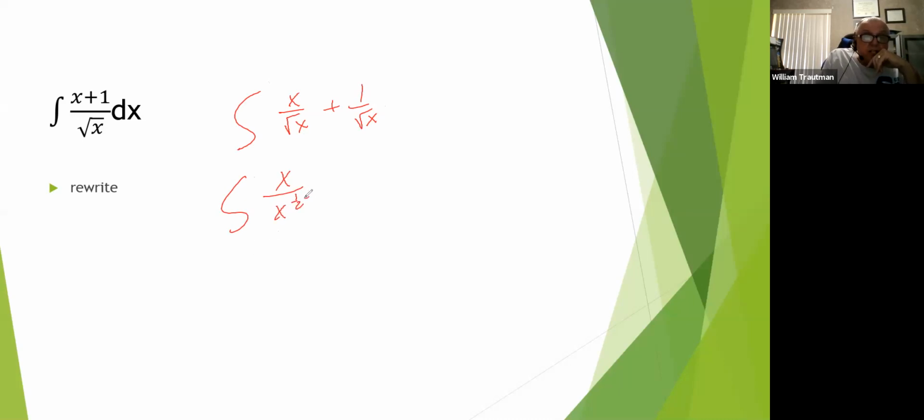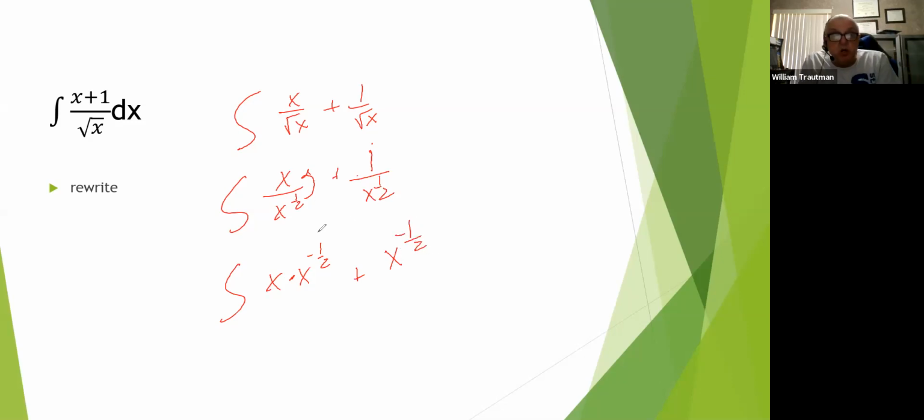And I'm going to bring this 1/2 to the top. x times x to the negative 1/2 plus, don't forget, this is 1 over x to the 1/2. I'm going to bring that 1/2 to the top, and I get negative 1/2. And x by itself is x to the 1 power. When you multiply 2 numbers with the same base, you add their powers. 1 minus 1/2 is x to the 1/2.